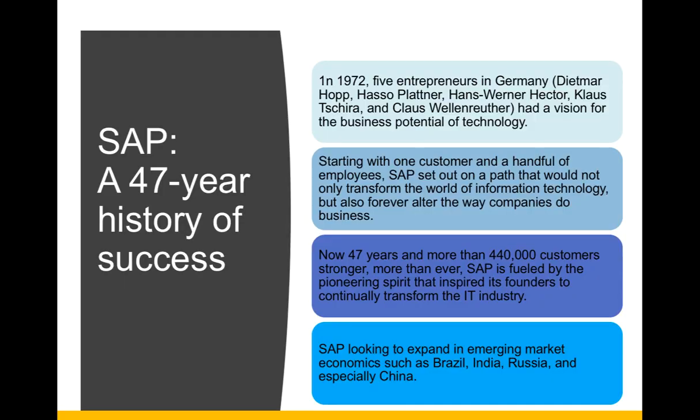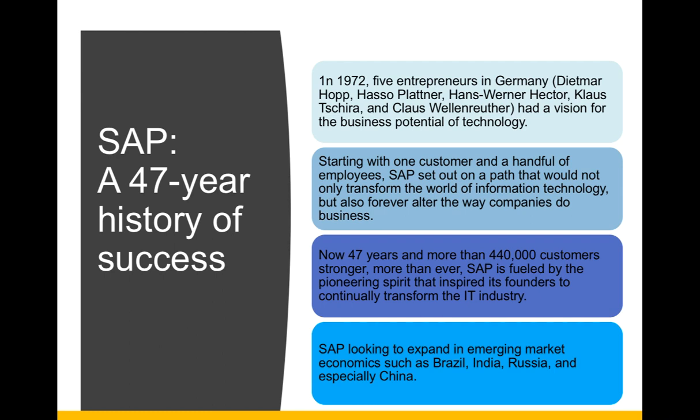So SAP has 47 years of history, right? This is just a reputation. 1972, 5 entrepreneurs in Germany, right? They had a vision for the business potential of technology, and they started.